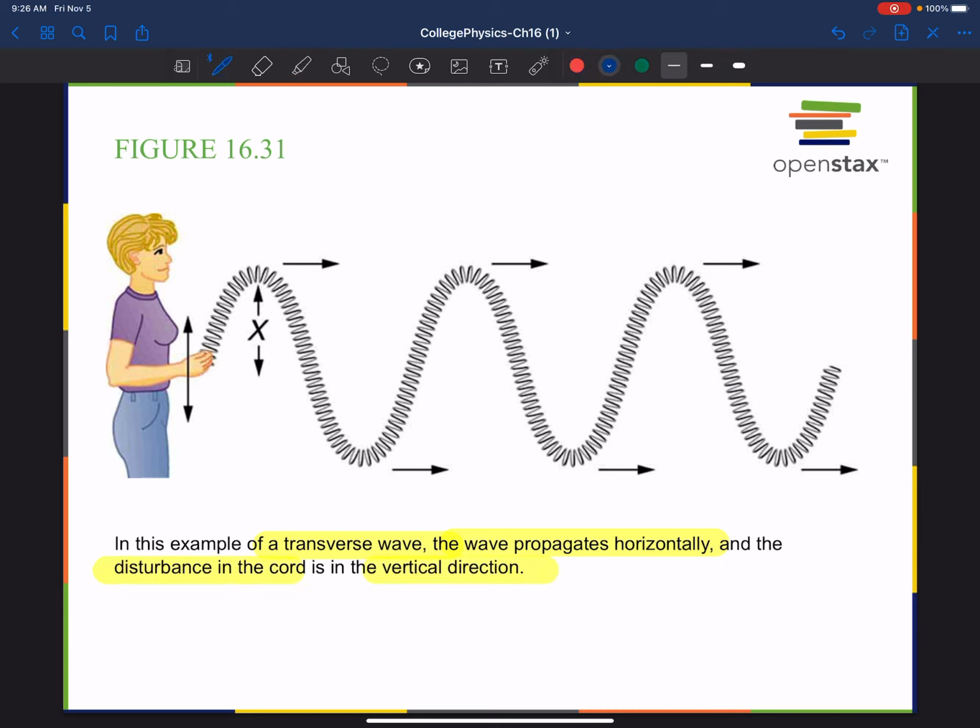So you just need to know that in a transverse wave, if the disturbance is moving vertically, then the wave is going to be moving perpendicular to that. So we see perpendicular motion. We're moving this way, and then the wave is going to be traveling horizontally in this direction.